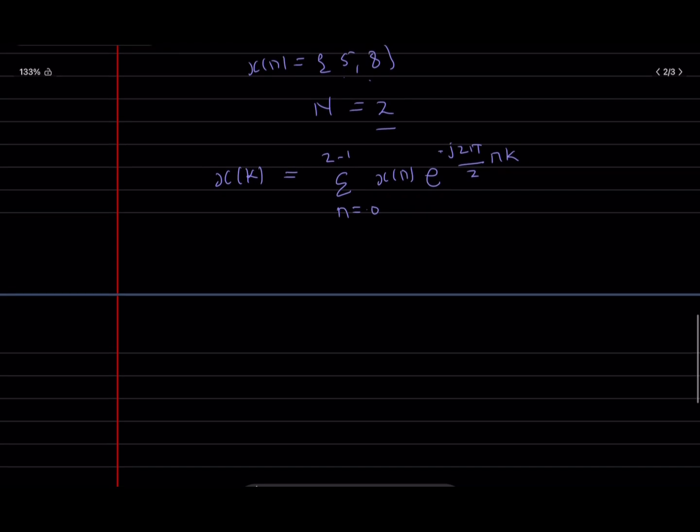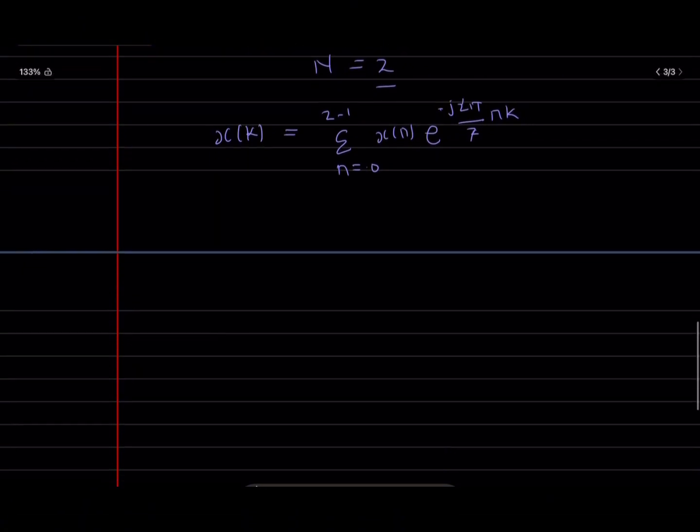So these two will cancel these two, and therefore when we do the simplification, we are going to get X of k equal to the summation of n equal to 0 to 1 of x of n, exponent negative j pi nk.